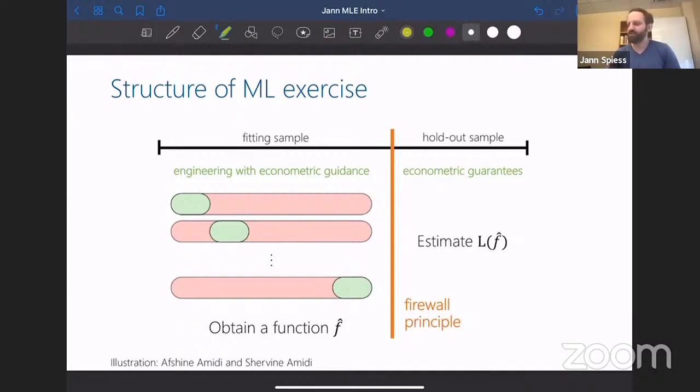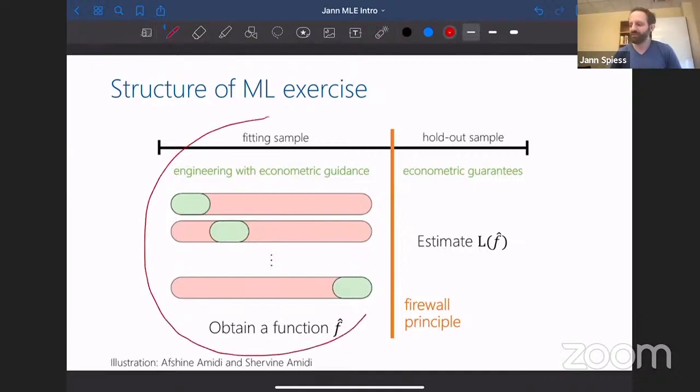So as long as you stick with the following structure, and many machine learning applications have that structure in practice, even those inside economics, what you would usually see is that you take some fitting sample or some training sample on which you do cross-validation in order to obtain some prediction function and choose the parameters that go into that prediction function.